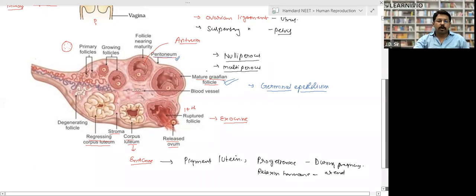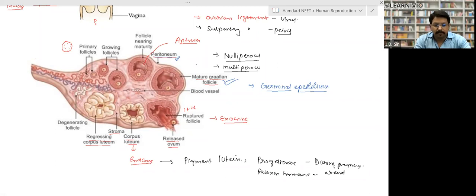The mature ovary is called the Graafian follicle. Full stop.